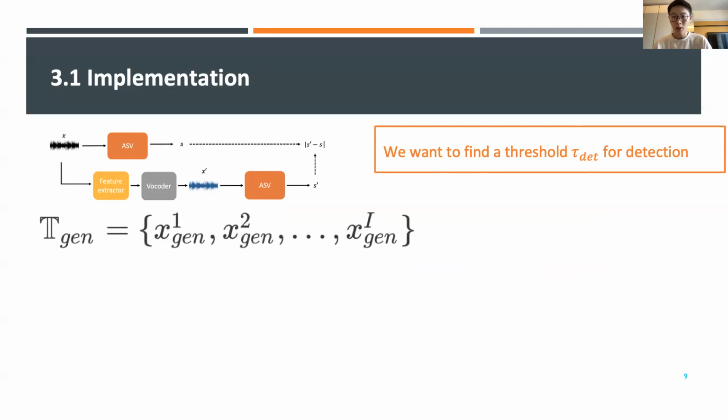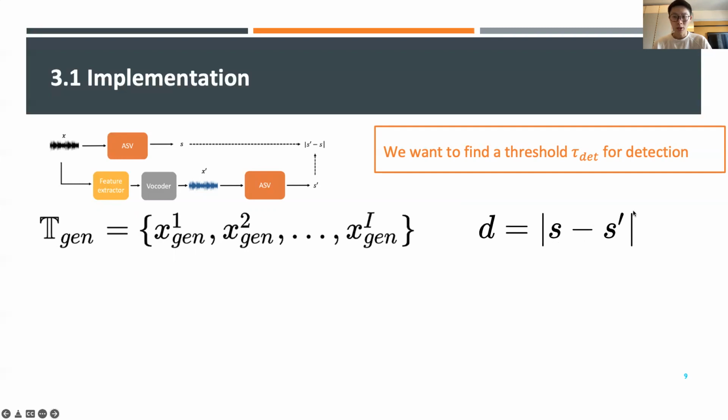Let's see how to find tau. We have the clean sample set T genuine, with clean samples X genuine 1, X genuine 2, up to X genuine I. We want to calculate the absolute value of S minus S prime for all genuine samples.